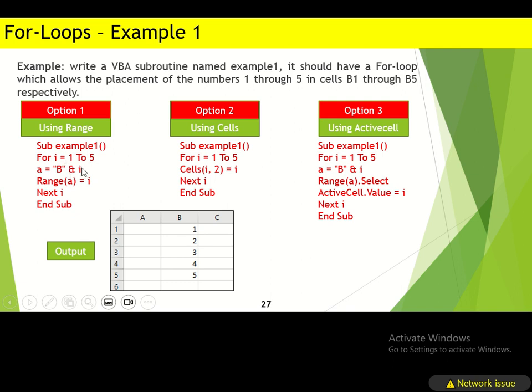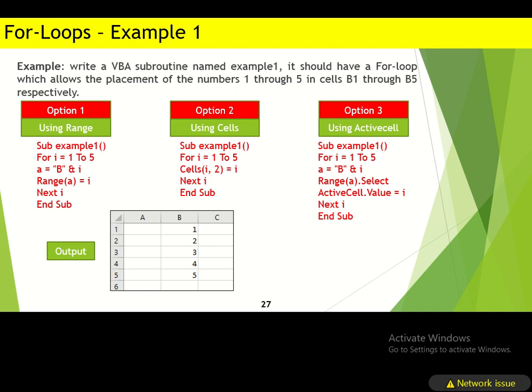Not the letters A and D, this symbol. So what will this statement do? A equals B and i, whatever i is. If i is 1, then A is B1. If i is 2, then A is B2. Got it? Clear?